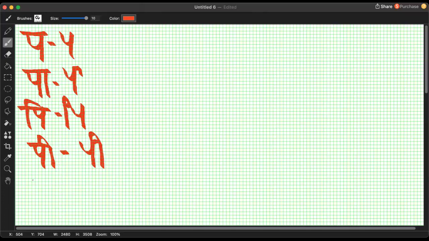Next, we have U. First, we write per, and at the bottom, we write this sharp-edged triangle. This is pu.